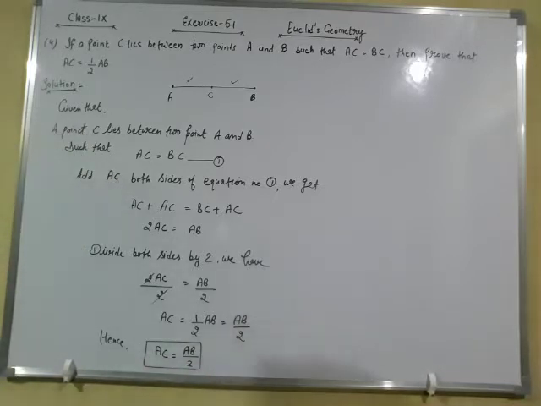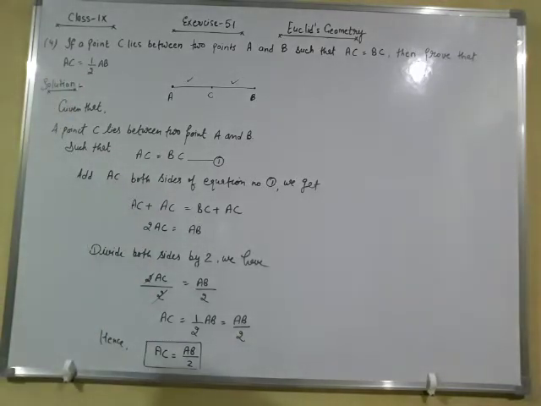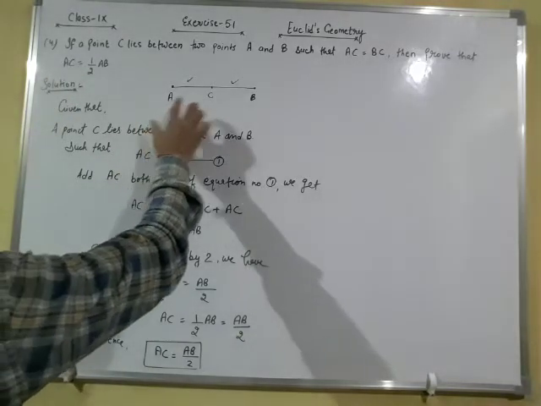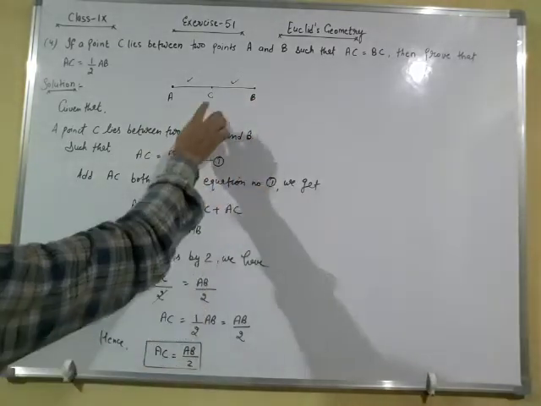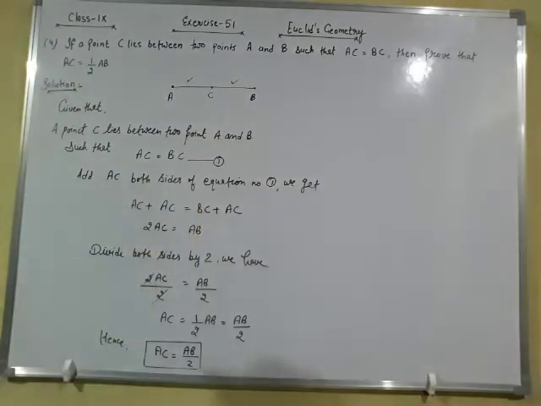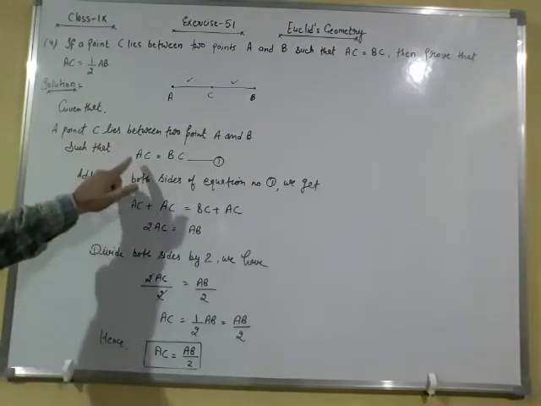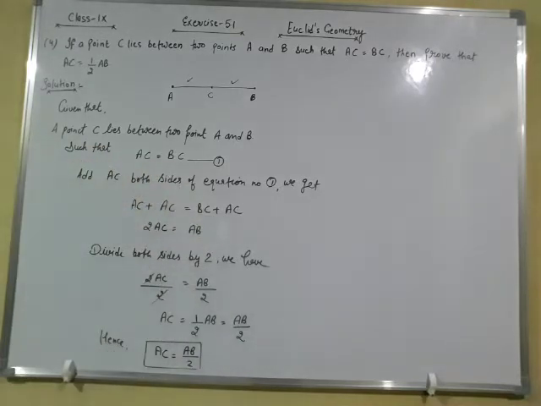I am repeating the solution of this question. If a point C lies between 2 points A and B, we have given 2 points A and B, and there is a point C between A and B such that AC is equals to BC. So start our solution. Given that AC is equals to BC, we know that equals can be added in equals. Where we have studied this point, that equals can be added in equals?